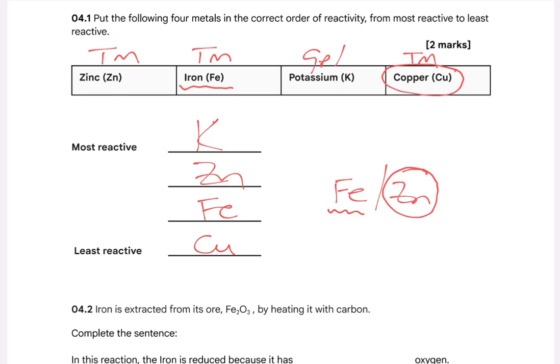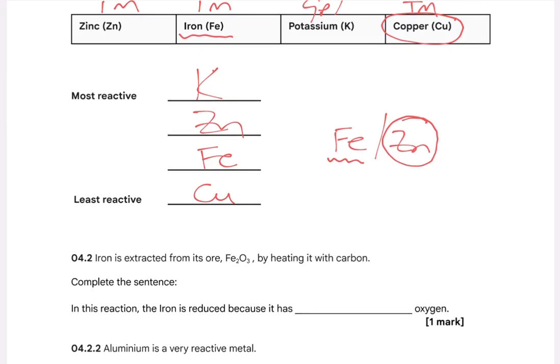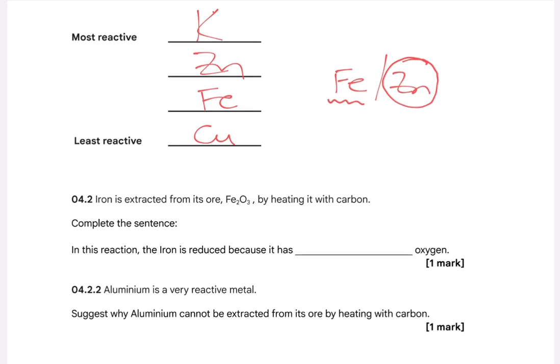There are plenty of mnemonics kicking around to allow you to remember the reactivity series, but those 4 metals can be placed into that order as such. And so iron can be extracted from its ore, iron oxide, by heating it with carbon. That was one of the ways we just discussed.